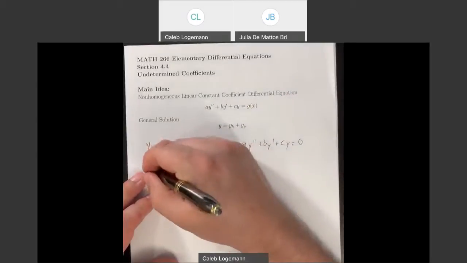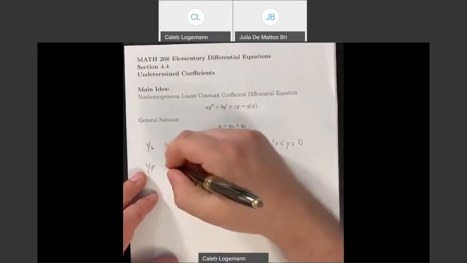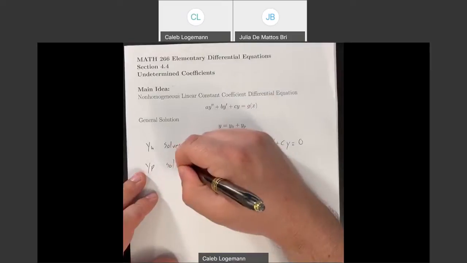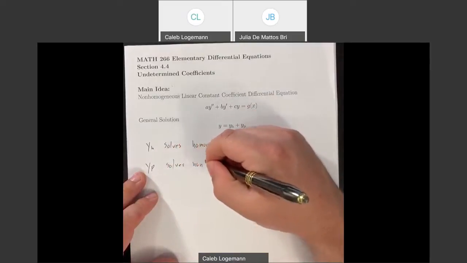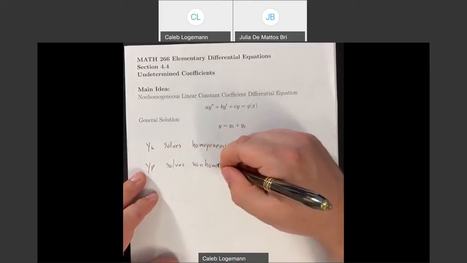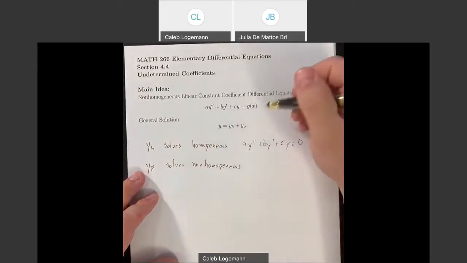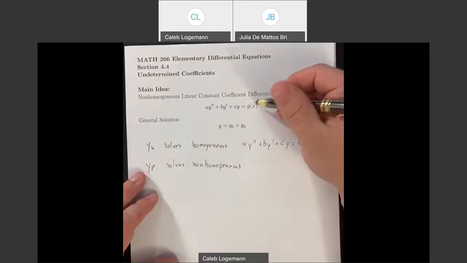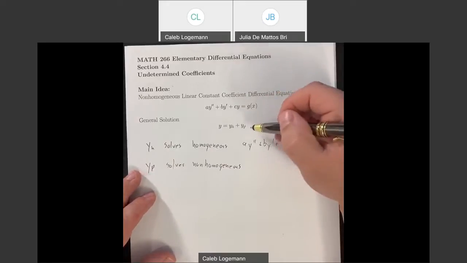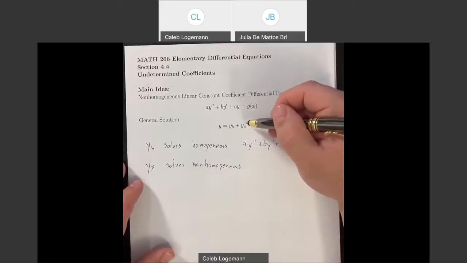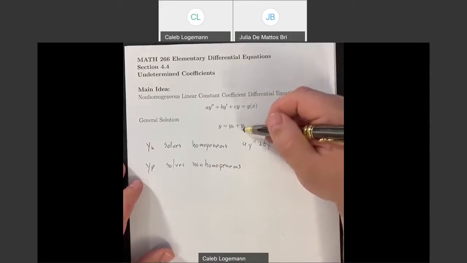So y sub p, the particular solution, solves the non-homogeneous equation. So it solves it with the non-zero g function on the right. There are possibly lots of different particular solutions, but we're just looking for any particular solution.